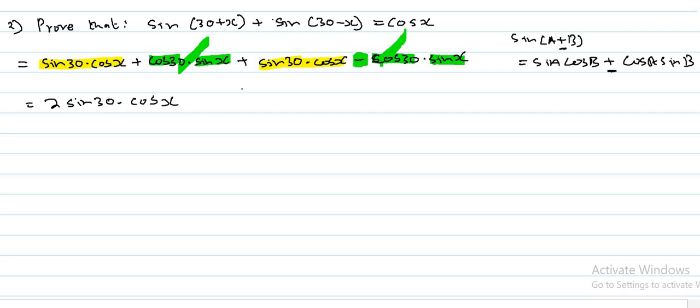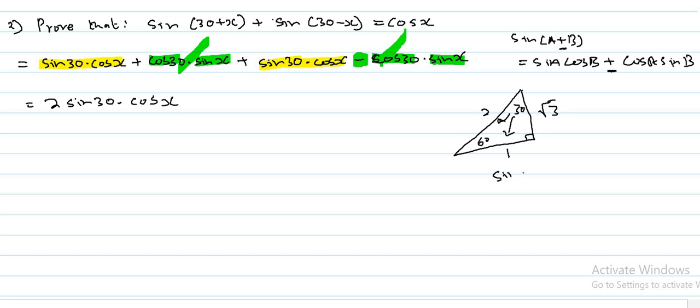Remember the special angles. You draw your triangle again, as always. This is 60. This is 30. It's an equilateral triangle of length 2. This is 1, and this is the square root of 3. Sine is opposite over the hypotenuse.